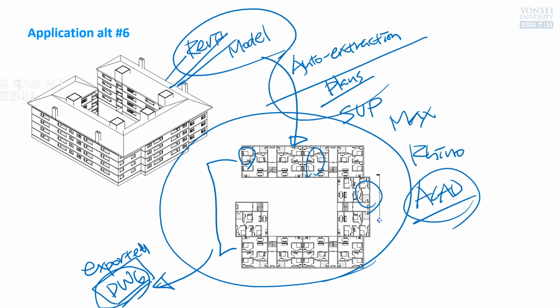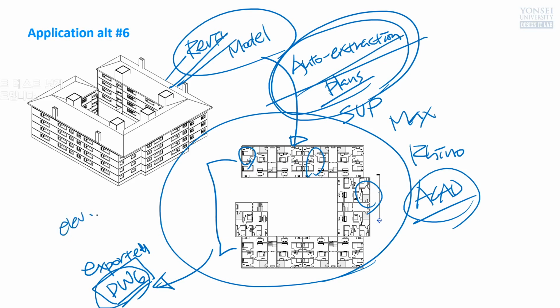Because BIM, Revit supports this kind of auto generation, auto extraction of your DWG plans, elevations, and sections as well, without any additional efforts. But take a look at this drawing, very professional looking, very industry standard.